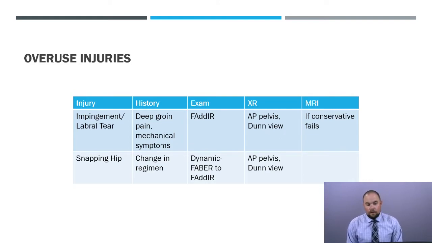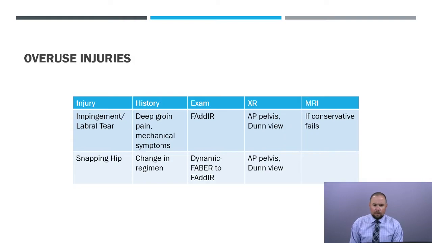Moving on to the overuse injuries that we see in the hip. We talk about the spectrum of femoroacetabular impingement and labral tears. This is going to produce a deep groin, anterior hip pain. A lot of times they will have some mechanical symptoms, which would be locking, catching. Sometimes they feel like it's giving out on them.